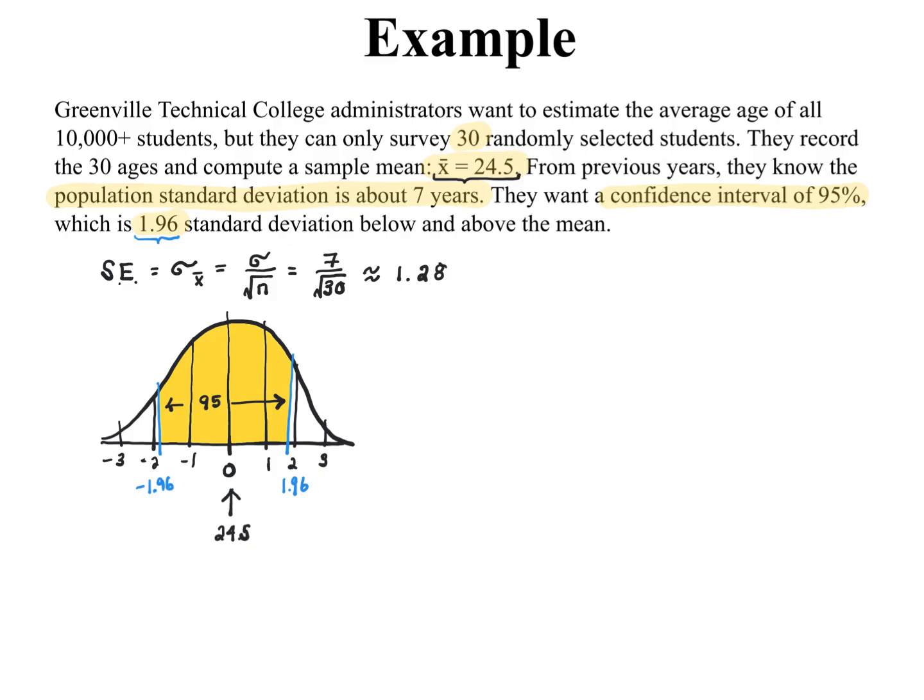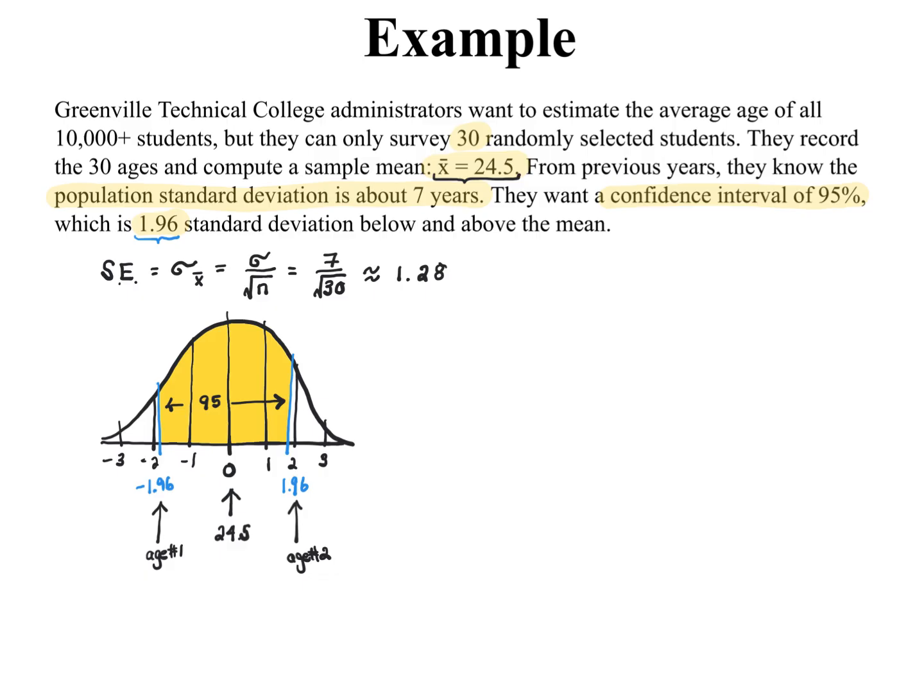So now we want to find the ages. So what would the actual ages be? Say age number 1, the lowest age, to the highest age, so age number 2, that are within this confidence interval. What are these ages?